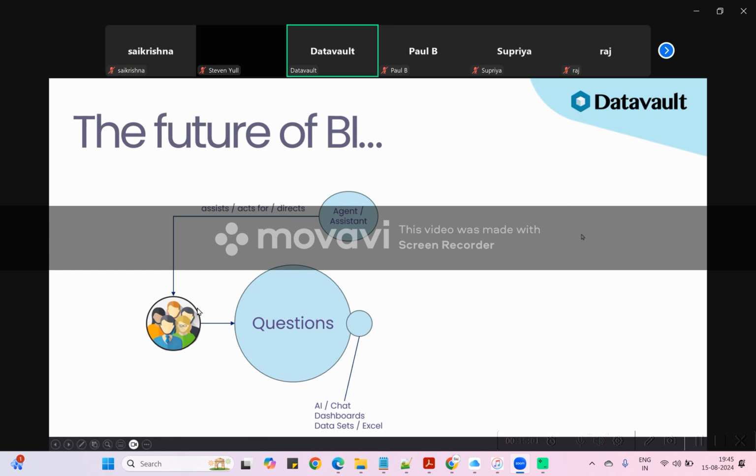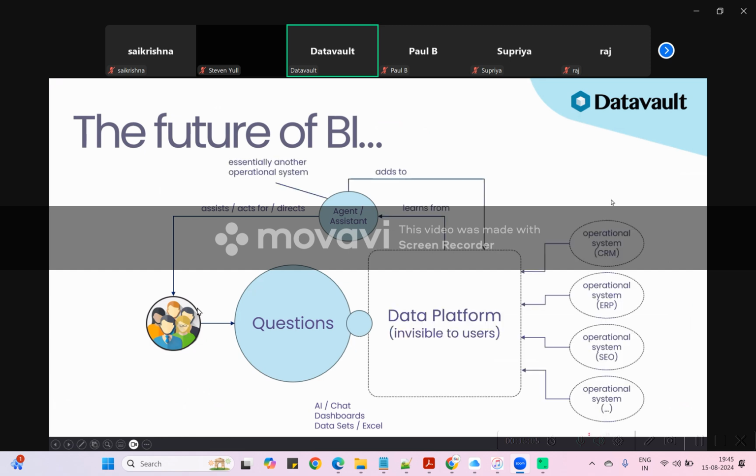Of course, this is great. This is what your users see, but behind the scenes, you need a data platform to help drive these things. The data platform's role is to clear up the data from operational systems and present it in a consumable format to the AI engines, to dashboards, and to data set extracts and reports that you're running for your end users.